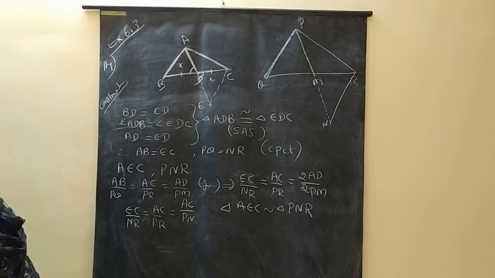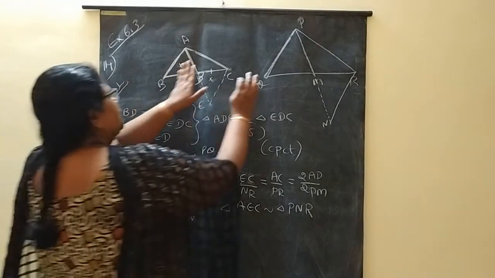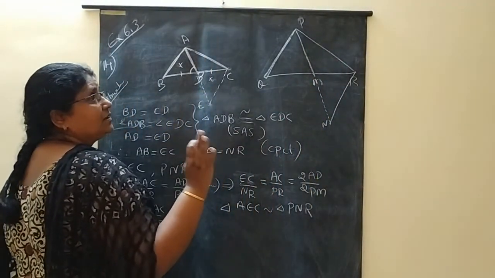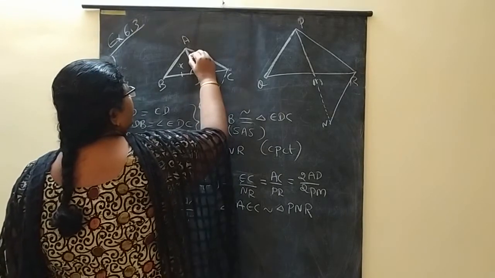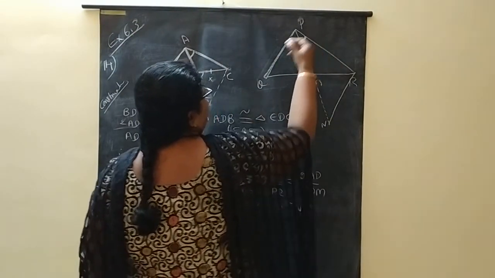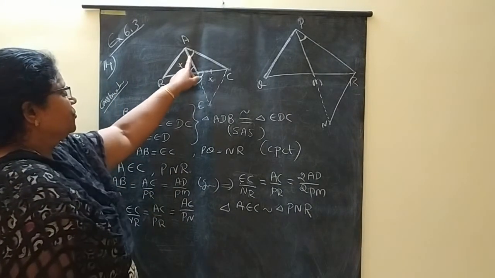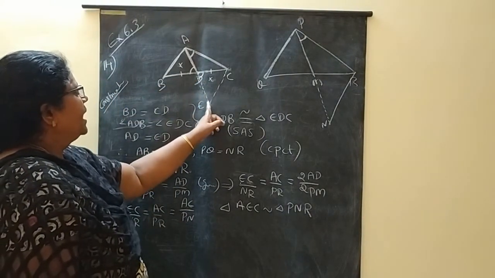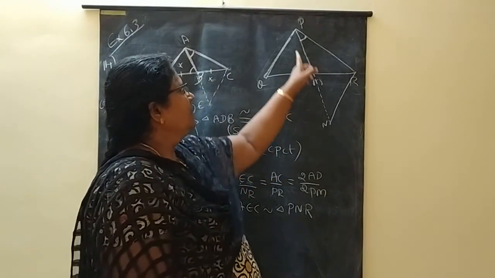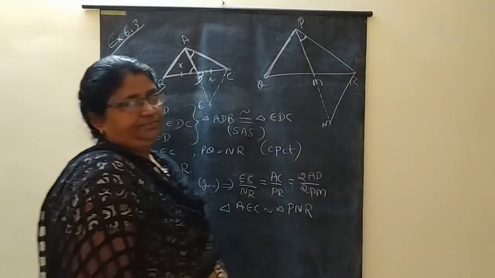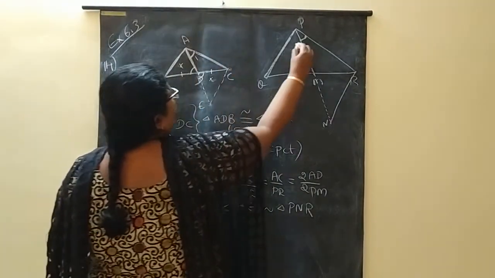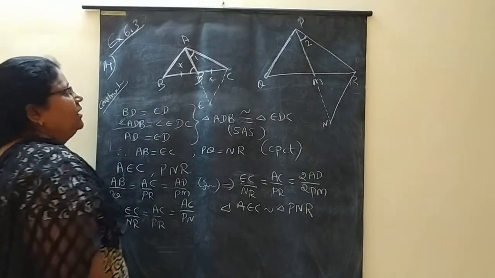When these two right triangles are similar, their corresponding angles are also equal. So we can tell that this angle is equal to this one. This angle, what is the name? Angle EAC is equal to angle NPR. Understood that much? Or we can write angle 1 is equal to angle 2.